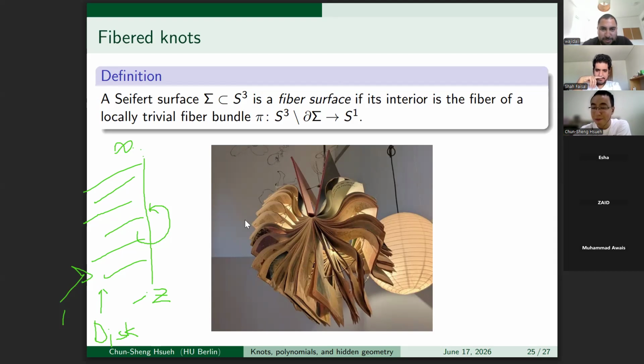So you have this S1 family of fiber surfaces. The reason it's called an open book is that you have to open your book completely to get this S1 family. And where is your link or knot? It's precisely given by the boundary of the binding of the book.